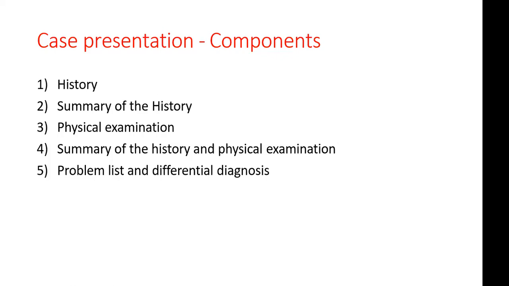And there your idea is to optimize the management of the patient. Whatever case you are dealing with, when you present the case or at least write down the case, it should consist of these 5 components: history, summary of the history, physical examination, a composite summary of both the history and the examination, and a problem list and differential diagnosis.